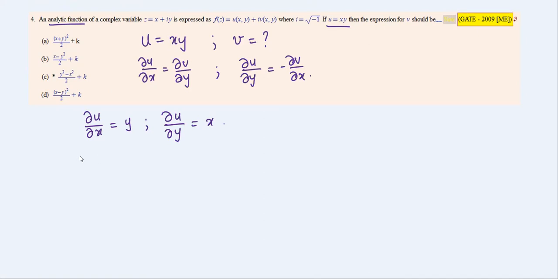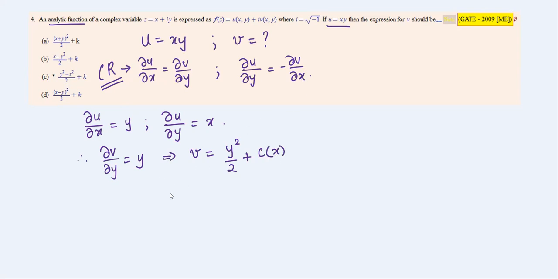Now from Cauchy-Riemann equations, these are CR equations, ∂v/∂y is ∂u/∂x, which is equal to y, which implies integrating, v should be y square upon 2 plus some function of x.